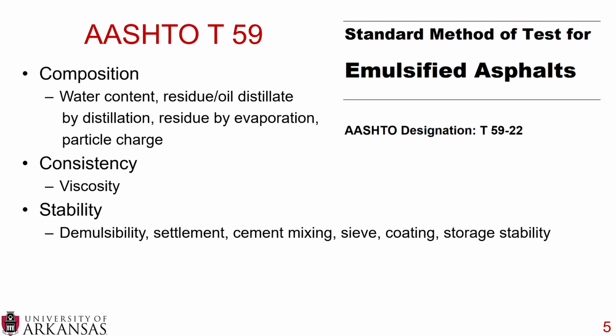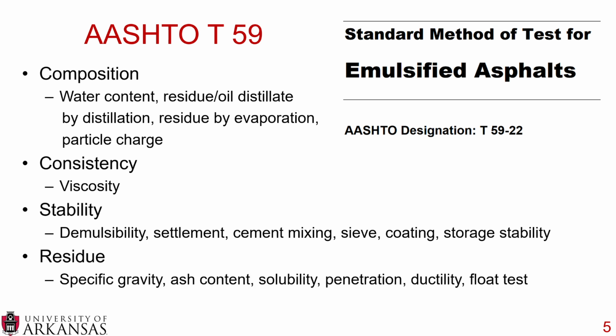In the stability section, they have demulsibility, settlement, cement mixing, sieve, coating, and storage stability. And then in the residue section, they have specific gravity, ash content, solubility, penetration, ductility, and the float test. So these are the 4 main categories, and these are the various tests that fall underneath each one of those categories within AASHTO T59.